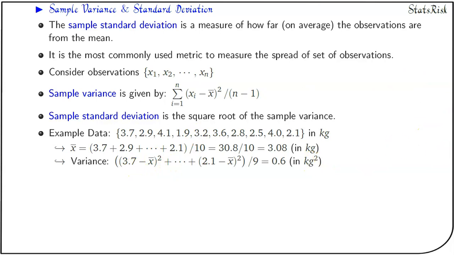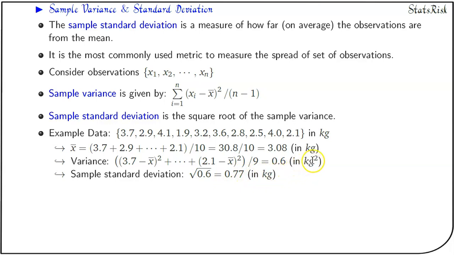With this sample variance, we can now derive the sample standard deviation as the square root of the sample variance. So the square root of 0.6 is 0.77, about these numbers. And so the unit here is kilogram.